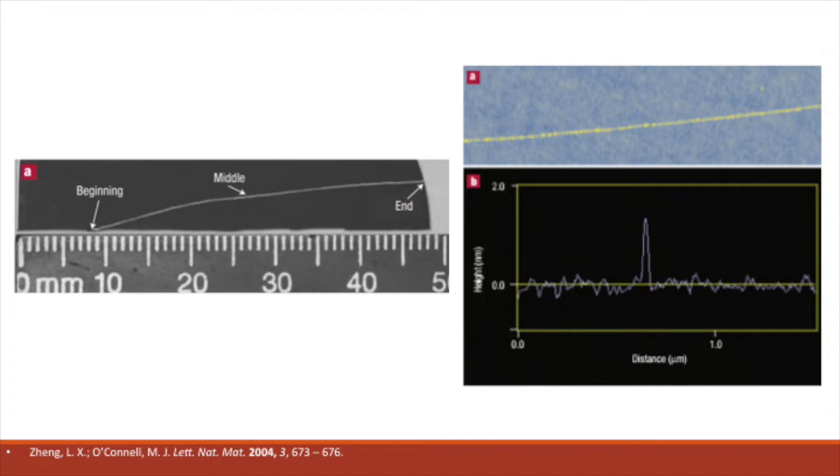In 2004, Zhang and his group of researchers reported that they grew single-walled carbon nanotubes up to a length of 4 centimeters on a silicon substrate using a process called catalytic chemical vapor deposition. This process involved the decomposition of ethanol vapor using FeCl3 as a catalyst, which took place inside a quartz tube furnace with a continued flow of hydrogen and argon gas.